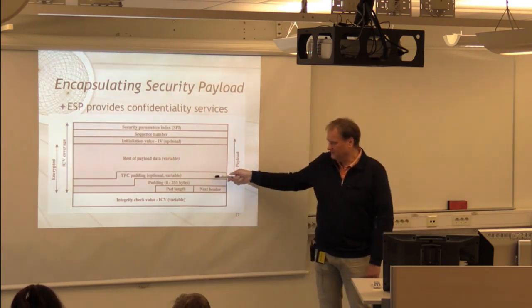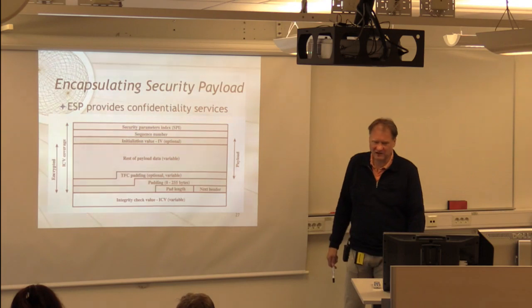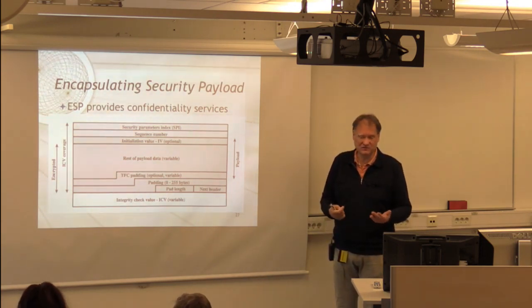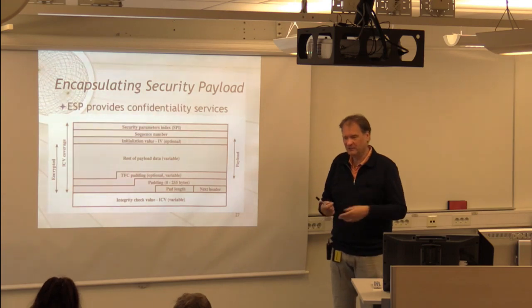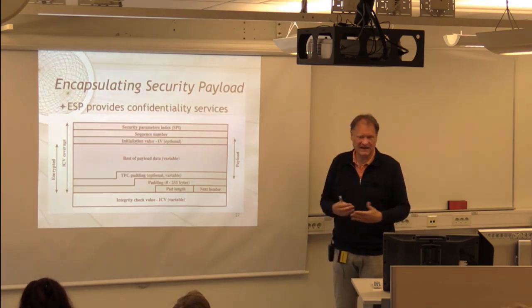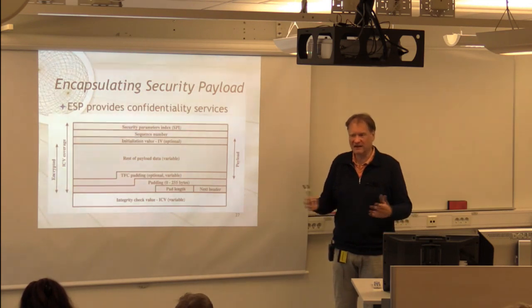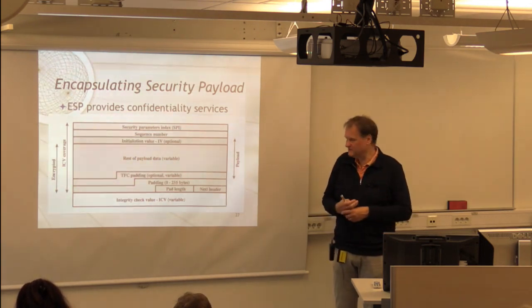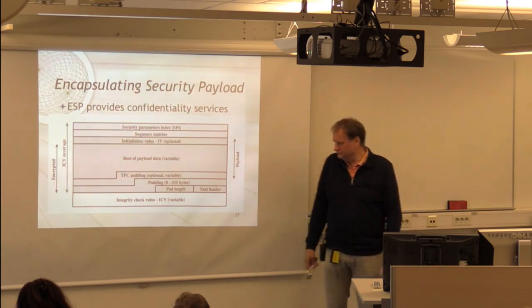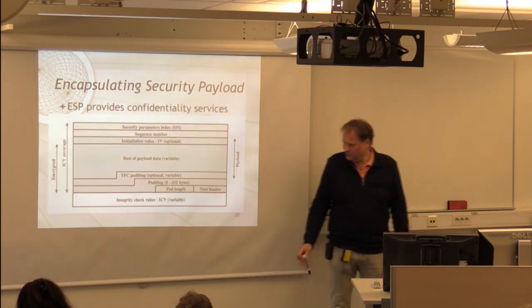We have some padding, optional and variable, to make it even size. We can also use this padding to help with the traffic flow analysis problem, because you could just add random data to make a packet look bigger than it really is. And then we can point to the next header.